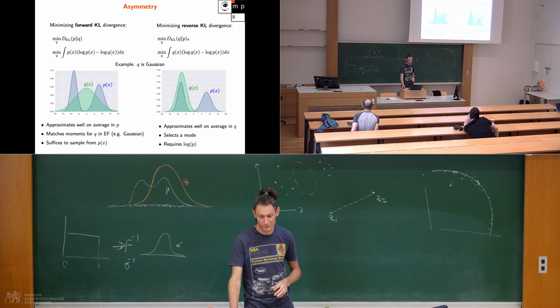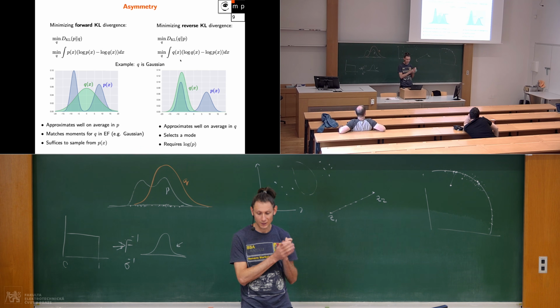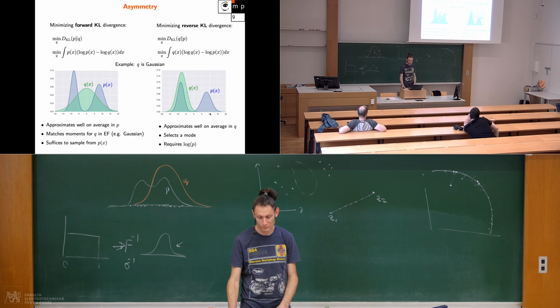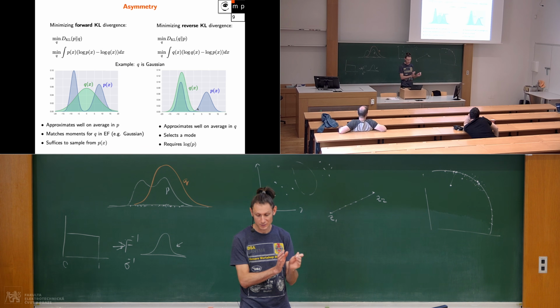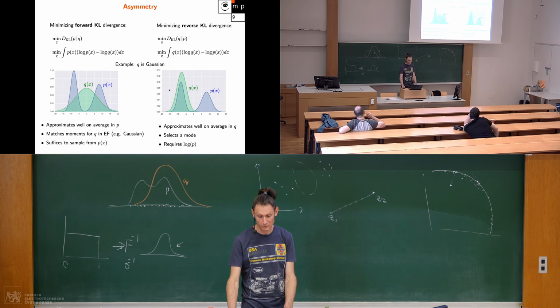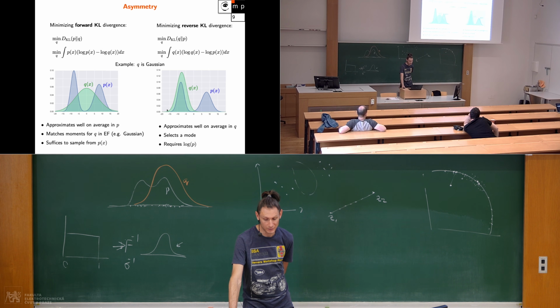Whereas if you consider the reverse divergence from P to Q, then it is computed on average over Q, but Q is varied. And so it happens that Q could focus on only one of the modes of our target distribution.